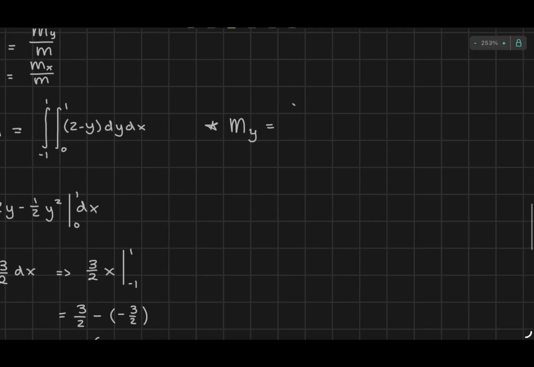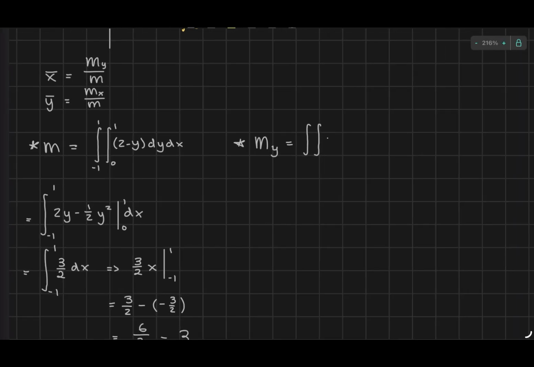This is going to equal the double iterated integral over the same bounds, but this time we are going to be x times our density, 2 minus y, dy dx. Same bounds. Pretty nice that we only have to find the bounds once.